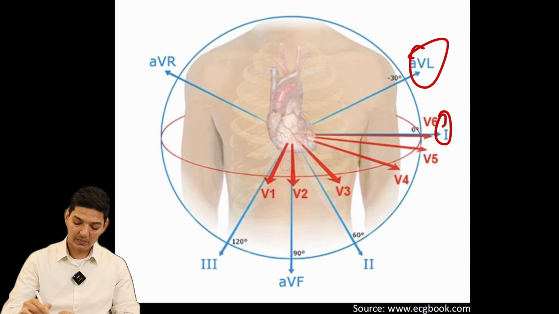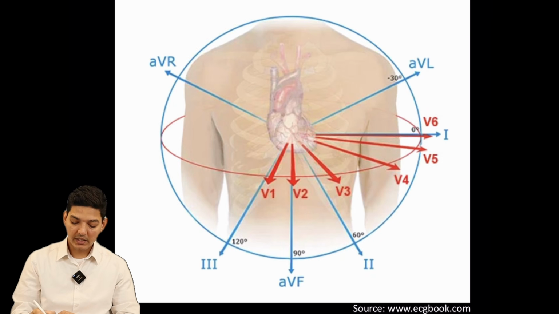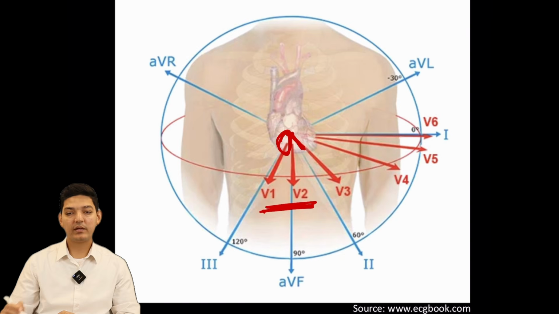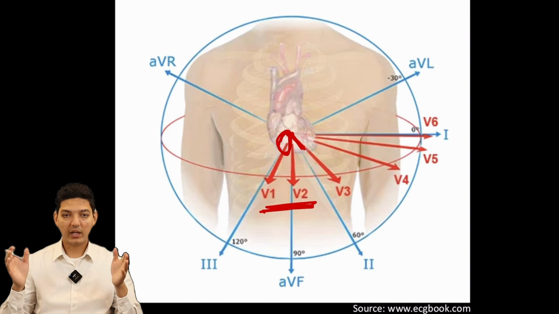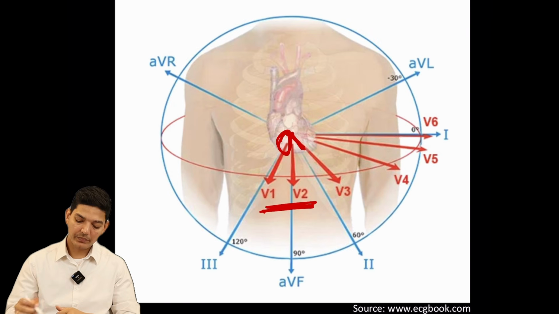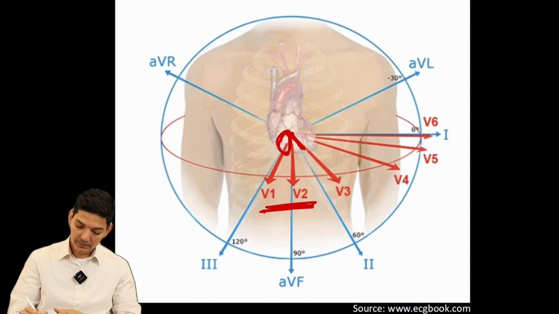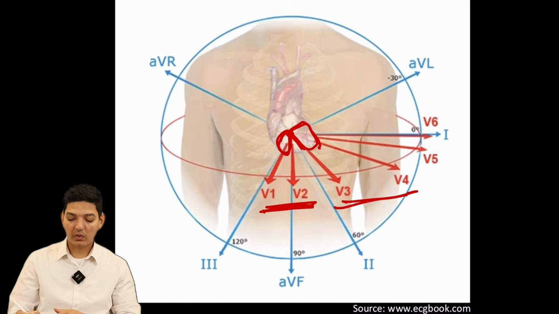In the same way, the same concept applies to the precordial leads. Leads V1 and V2 are looking at the right side of the heart and the septum, which is why they are referred to as septal leads, or more commonly anteroseptal leads when combined with V3 and V4. V3 and V4 are looking at the anterior surface of the heart, so they are called anterior leads.